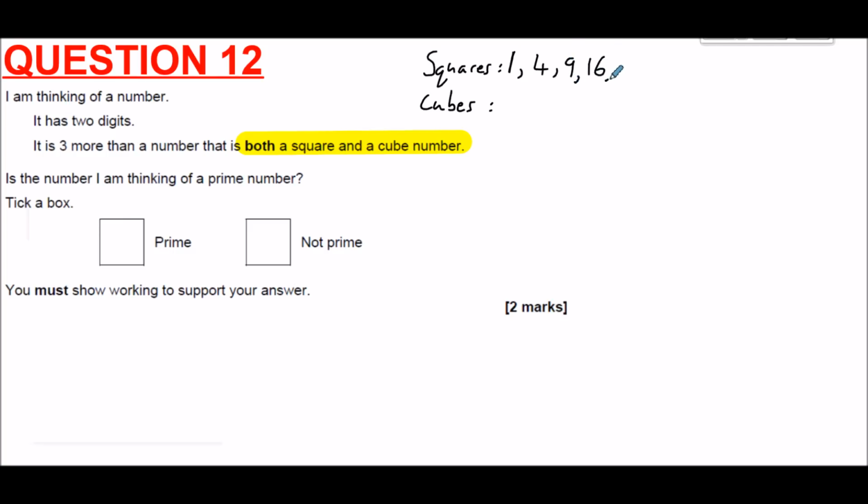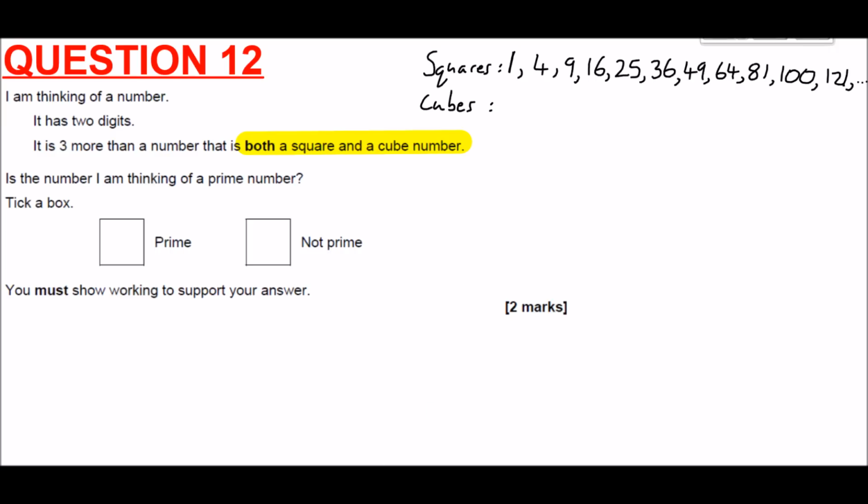Ideally, you should know the square numbers, including up to 12 times 12, if possible. 6 times 6, 7 times 7 is 49, 8 times 8, 9 times 9, 9 squared is 81, 10 times 10 is 100. 11 times 11 is 121, it looks like I'm running out of space.